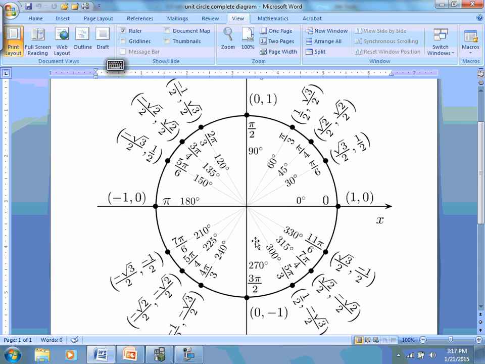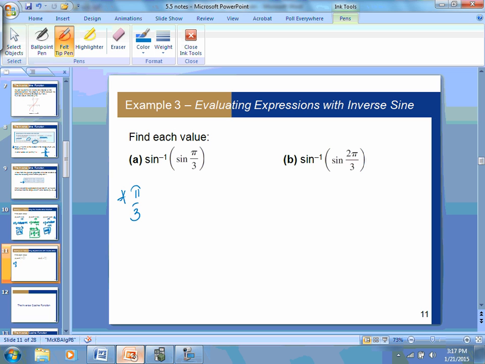So it's between pi over 2 and negative pi over 2. Okay, so we're good to go. So when that happens, when you have that betweenness, all you have to do is cancel those out, and you get pi over 3 as your answer.